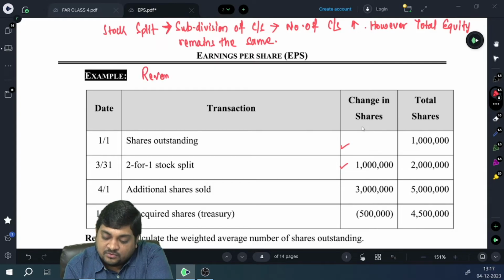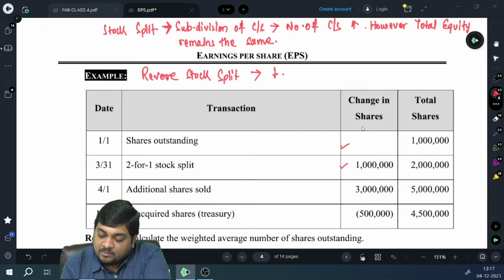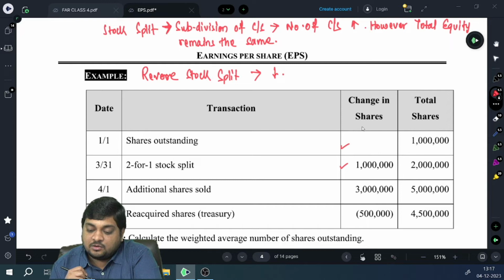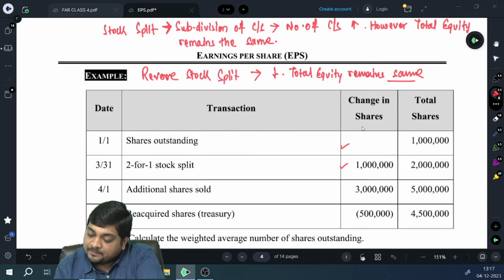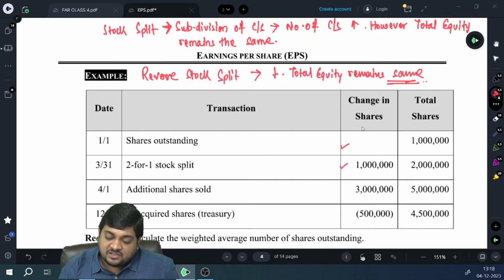In case of a reverse stock split, the number of common stock decreases and total equity remains the same.